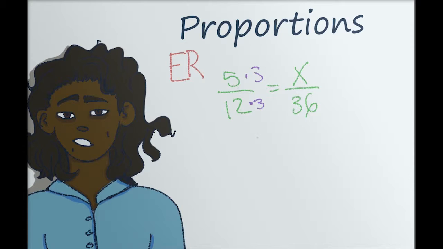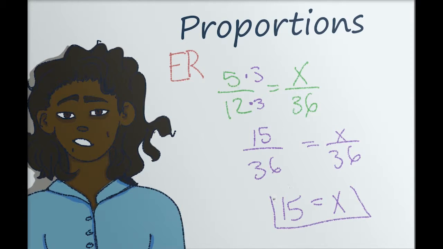And what that leaves you with is 15 over 36 is equal to x over 36. So, with that, you can safely assume that x is equal to 15, which is the exact same answer that we got in the last run of this with cross products. So you know that it works.